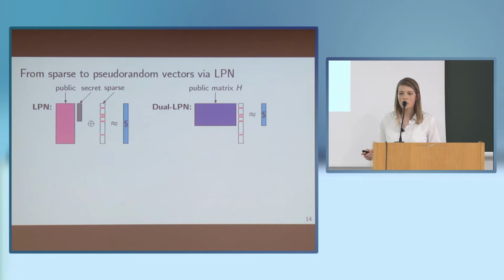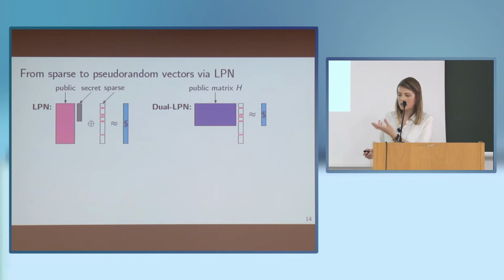What you can do is take the parity check matrix, or the left kernel, of the LPN matrix, and then if you multiply it, the secret zeroes out, and all you have left is this purple matrix, which we call H, times the sparse noise, and that will look pseudorandom based on LPN.